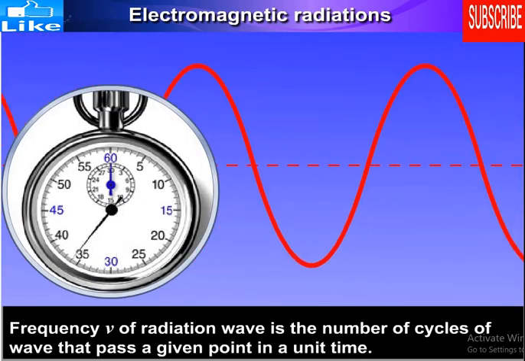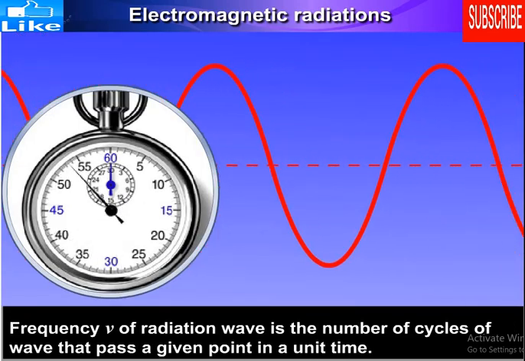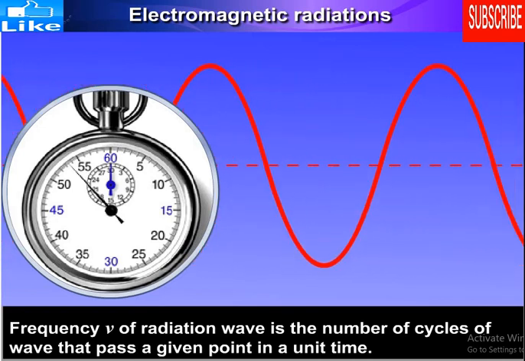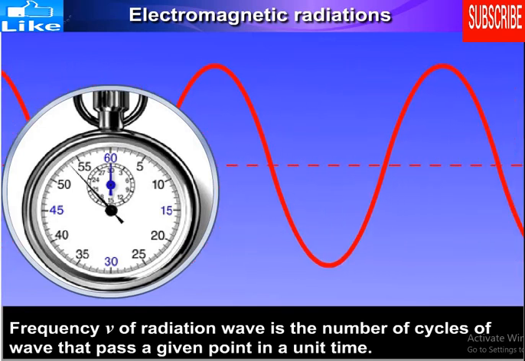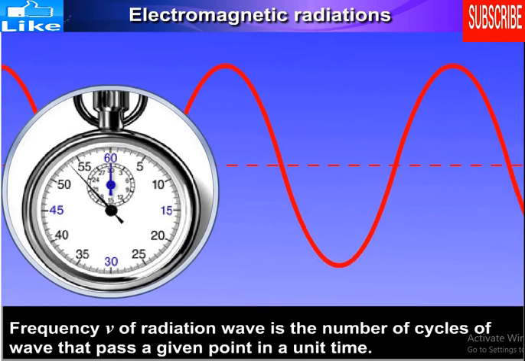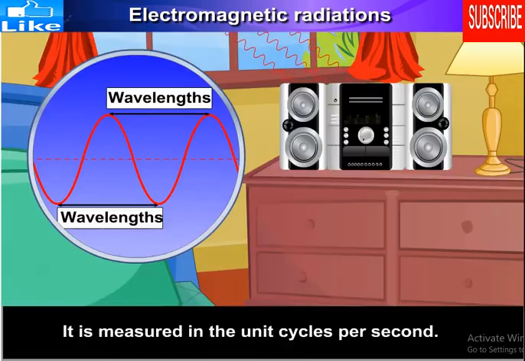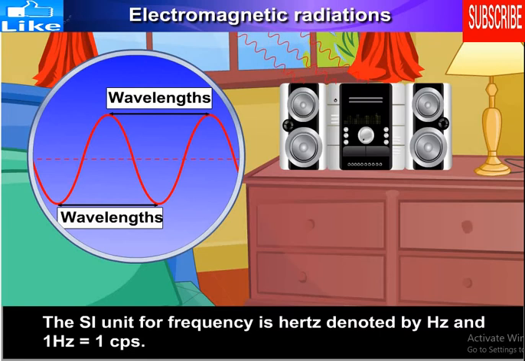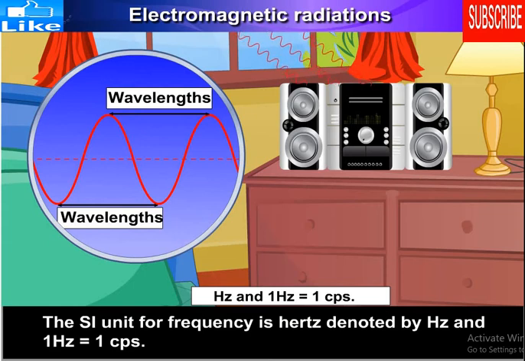Frequency ν of radiation wave is the number of cycles of wave that pass a given point in a unit time. It is measured in the unit cycles per second. The SI unit for frequency is Hertz, denoted by Hz, and 1 Hertz equals 1 CPS.